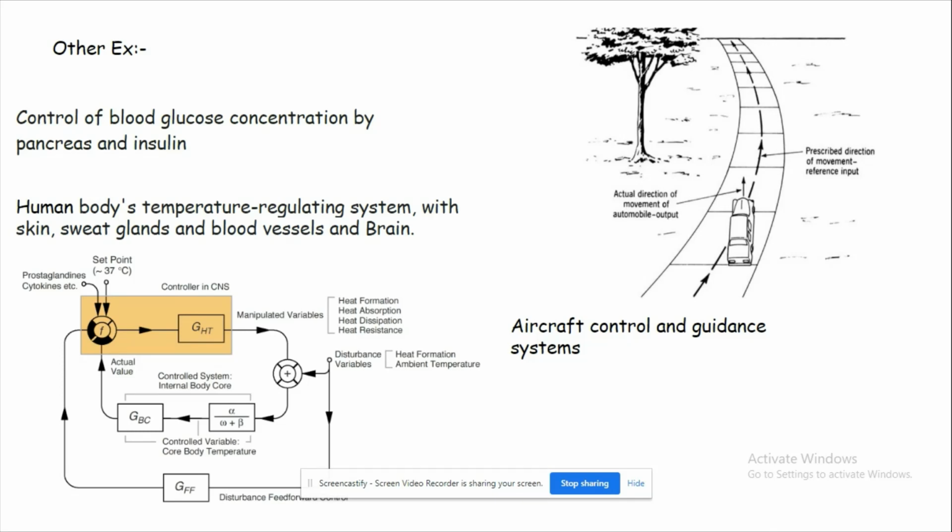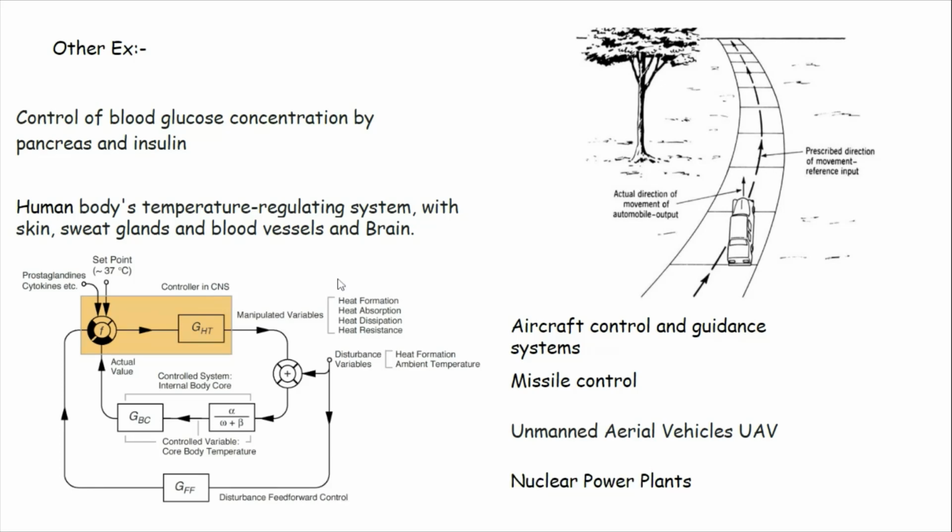The list of these examples can go on and on, but I cannot write them all on these slides. So I think that we should stop here. And so with this small video, I hope you can identify control systems in your daily life and around you. Now, you should be able to differentiate the open loop control systems from the closed loop control systems.